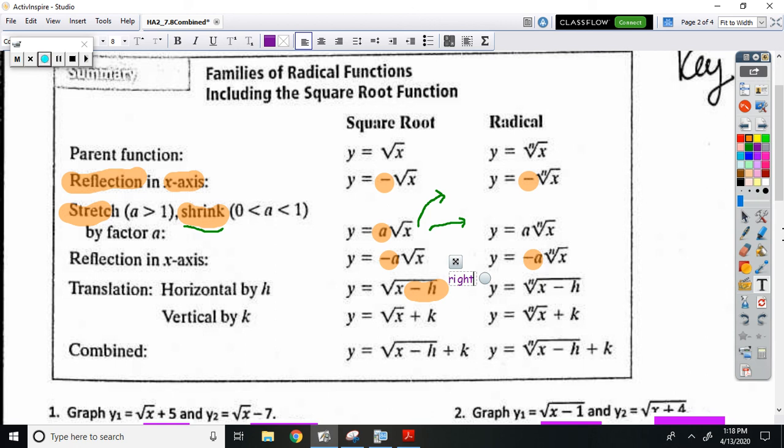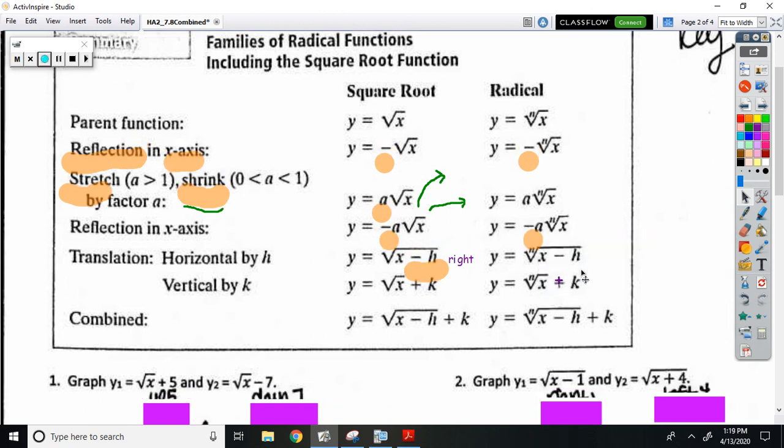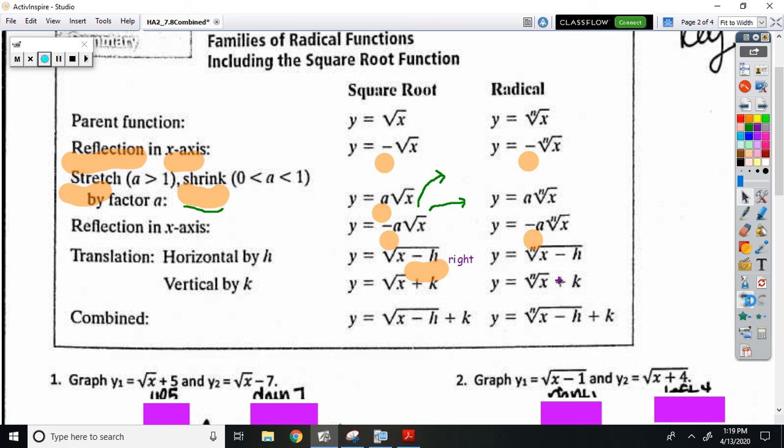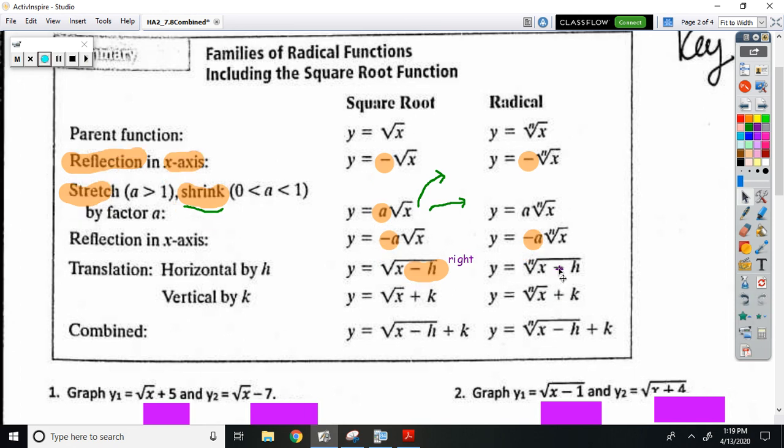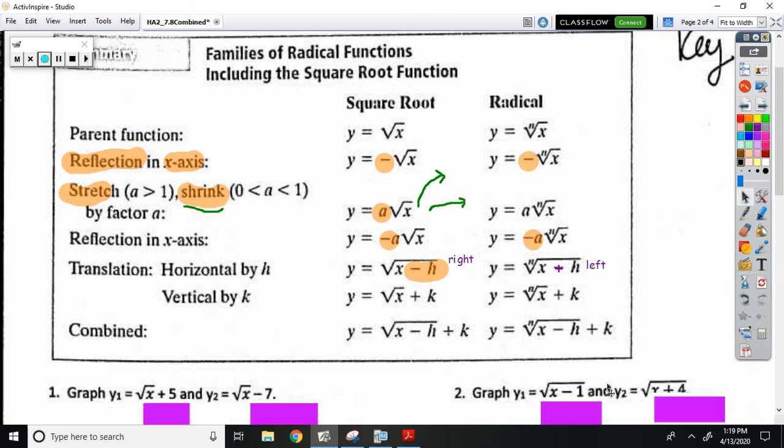And let's change this over here to a plus h. So if this were a plus h, that would actually tell us to shift this to the left, h units. So remember, these ones are under the radical or inside the parentheses. These go the opposite direction that you would normally think.